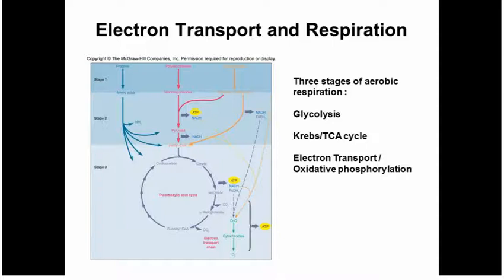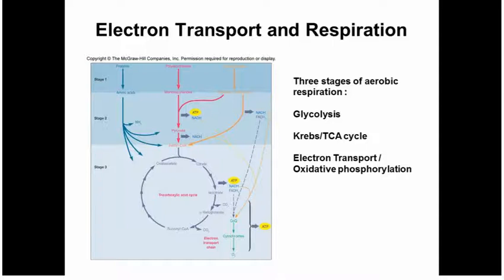All of the carbon has been oxidized to CO2. A lot of NAD+ has been reduced to NADH. And then the third step is to get rid of the electrons on NADH by transferring them onto an electron acceptor, which is going to be oxygen.